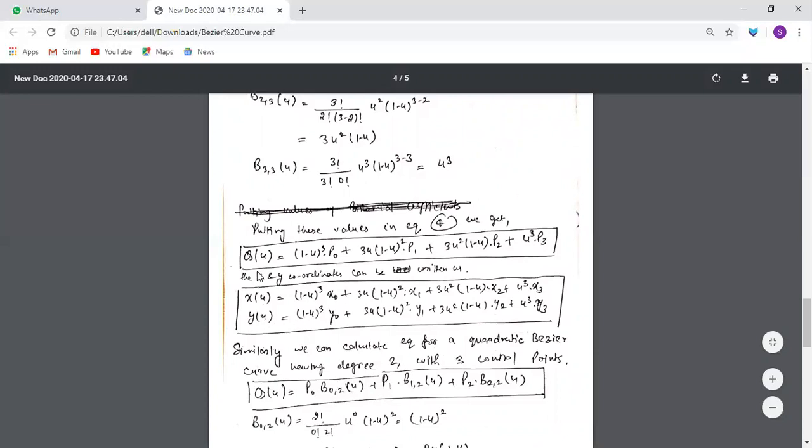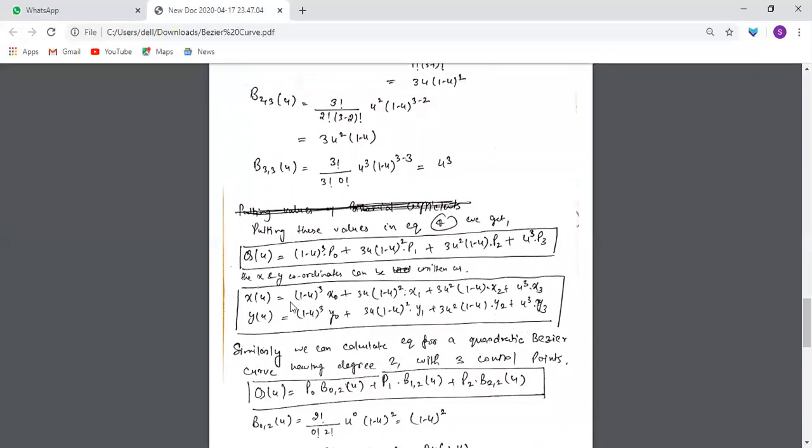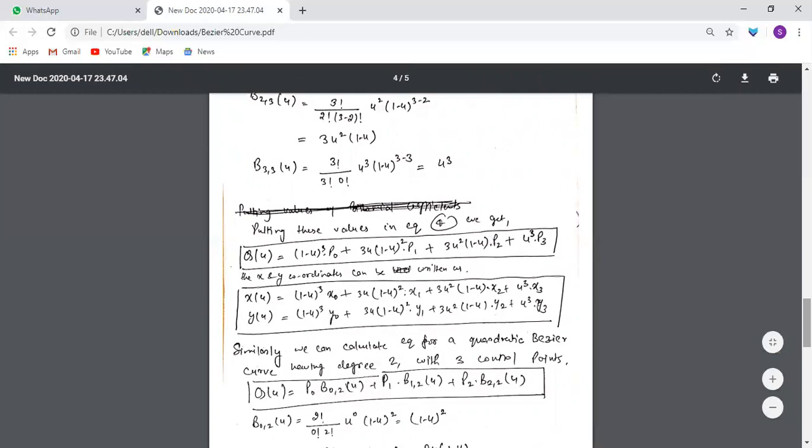To calculate x of u, we will write 1 minus u whole cube times x0, that means 1 in this case, plus 3u times 1 minus u whole square x1, and so on. In place of p we will write x terms, and in place of p we will write y terms. That's how we will solve the questions.